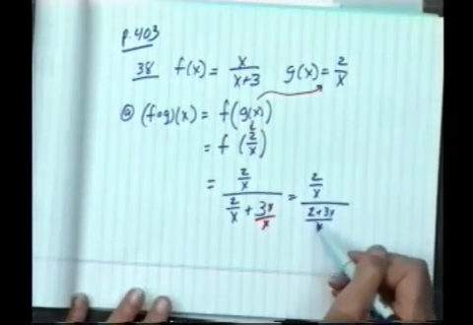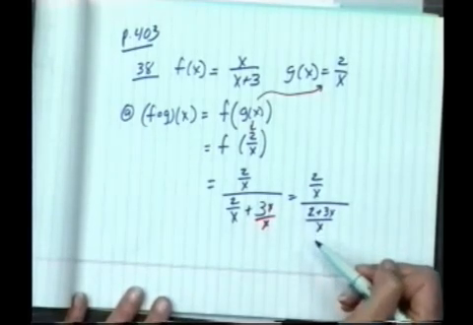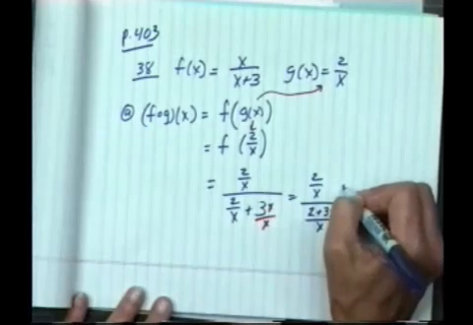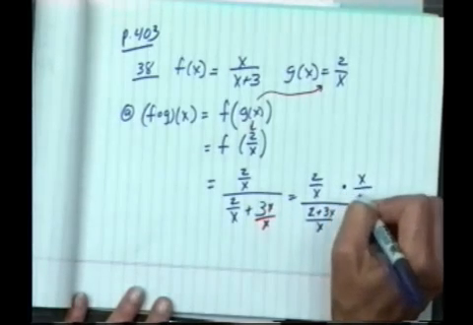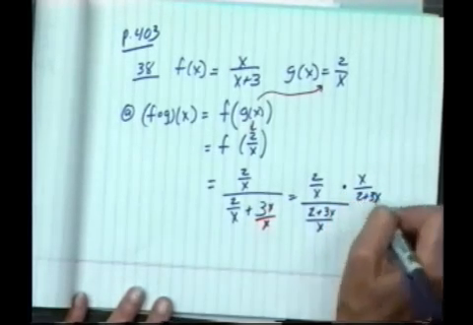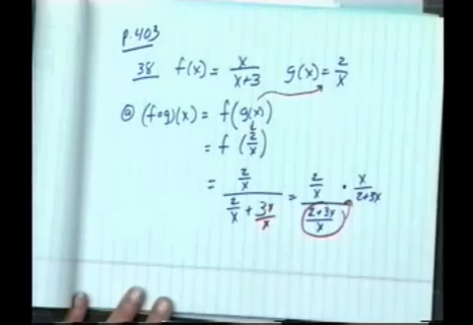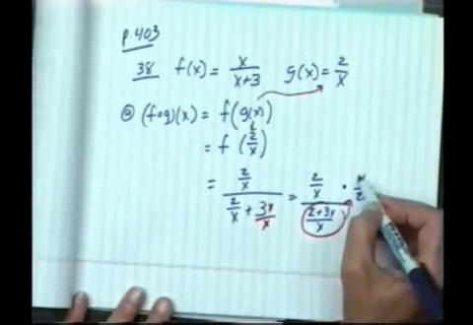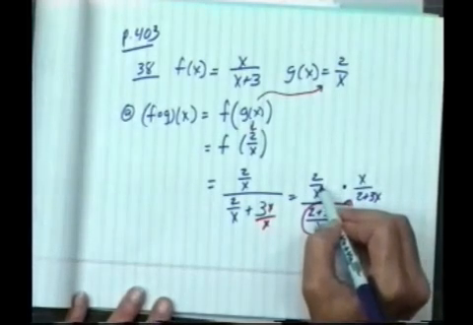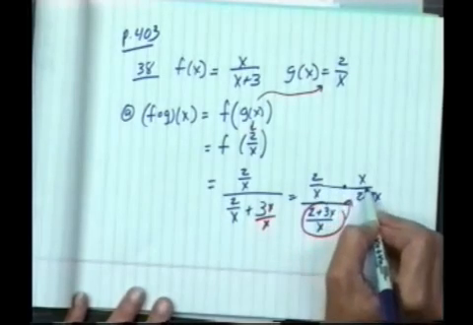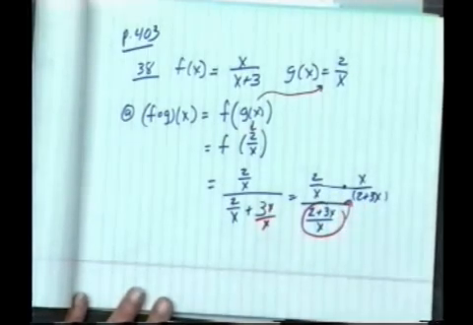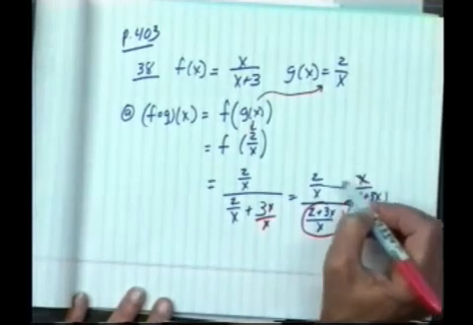So a fraction divided by a fraction, what do you do? Invert and multiply. And remember, when you multiply fractions, you're just multiplying numerators and denominators, so the x's are common factors.